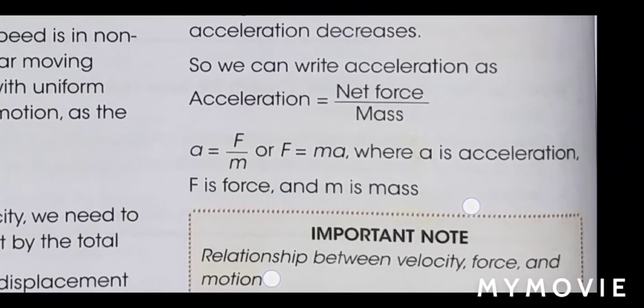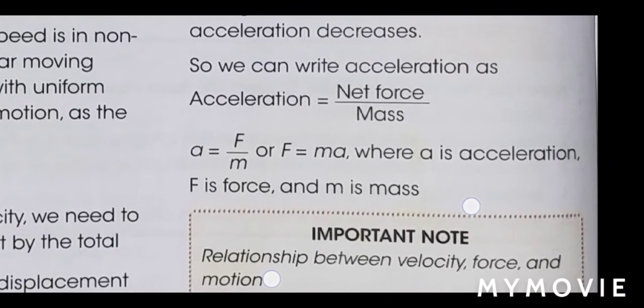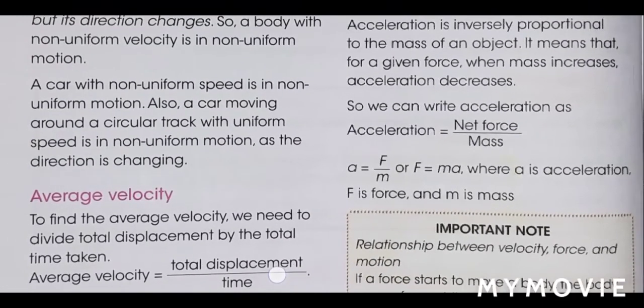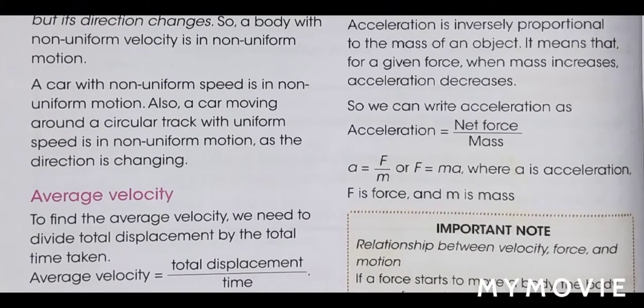That means if the mass of the body and acceleration are given, we can get the force by multiplying mass and acceleration. To find the force, we have to multiply the mass of the body and the acceleration of the body.